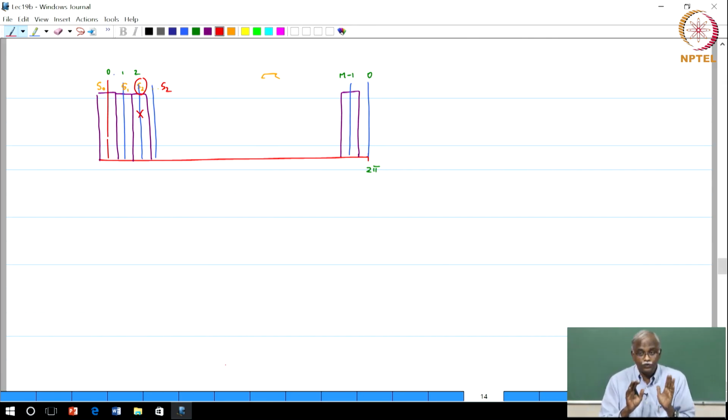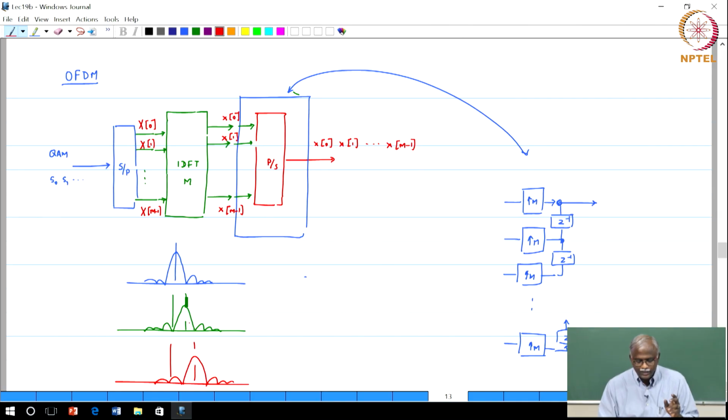Okay, that is a huge advantage. And where does the insight come from? When you treat it as an IDFT, you say, oh, maybe one channel got a 0 sample. No, that is not the way to interpret it. You interpret it as one of these channels has got a lot of interference, or the signal to noise ratio is not good. So, you have chosen not to transmit anything on that particular carrier.